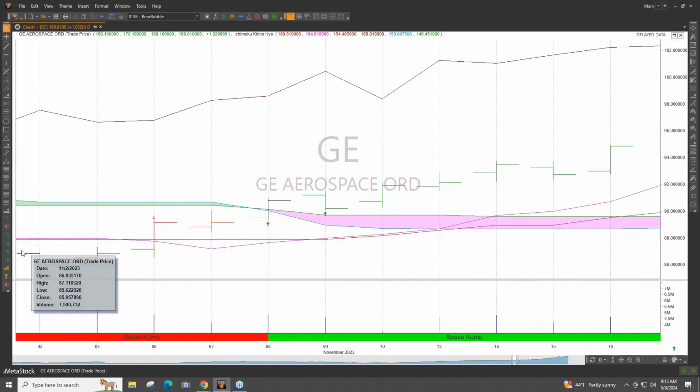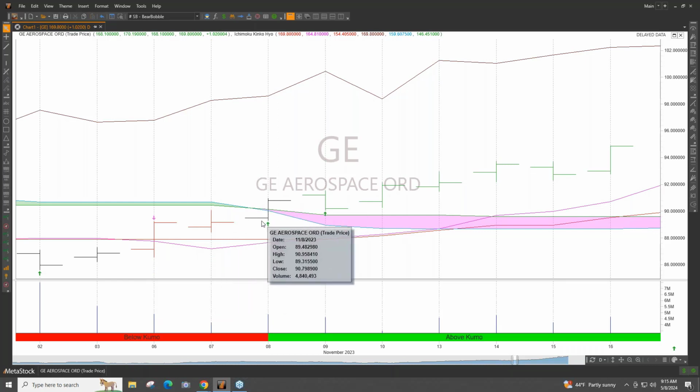So right here, when GE was trading down here below the cloud, to give you a timestamp, it's November 8th. When it actually moves up above the cloud, you'll see here it opened down below the cloud, came in and closed below the cloud. Closed above the cloud. That's a classic buy signal. That's the other thing that can give you a signal to tell you to get into the market.